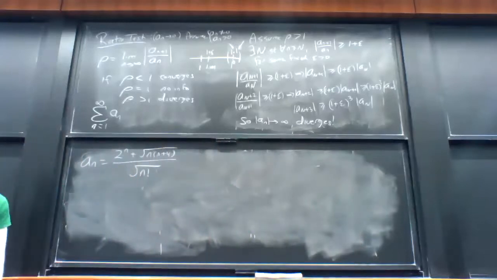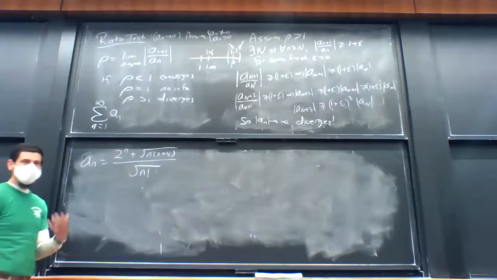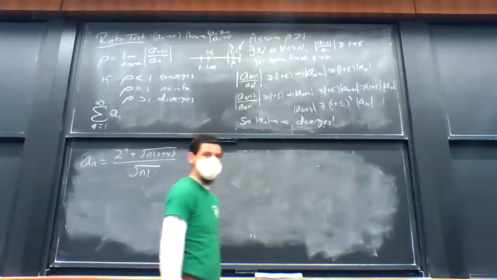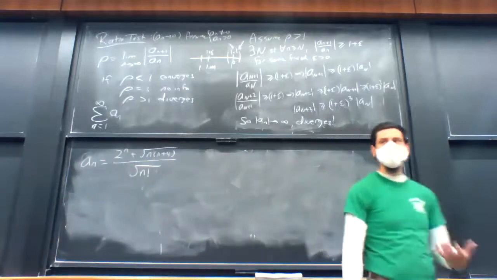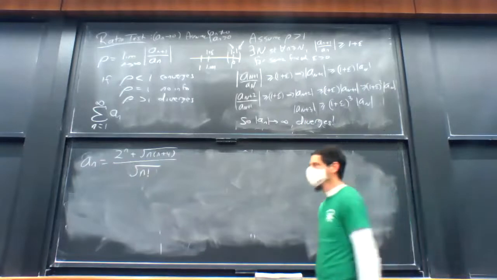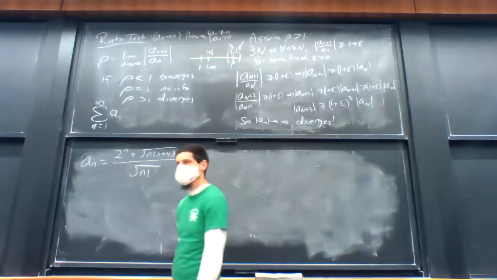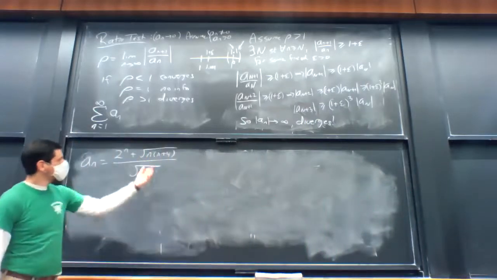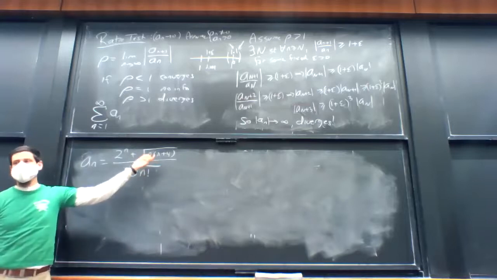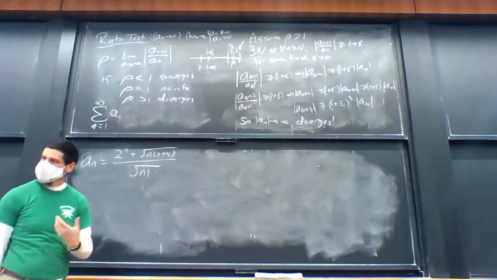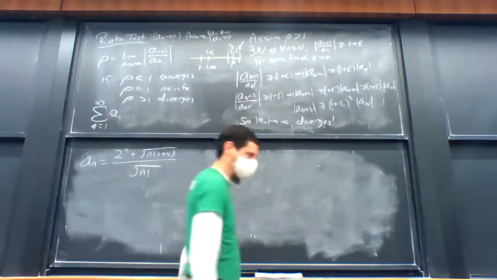Do you think this converges or diverges? What governs the numerator for large n? Which is more important, 2 to the n or the square root of n plus 4? 2 to the n. Can you give me an upper bound for the square root of n plus 4? How large could the square root of n plus 4 be?